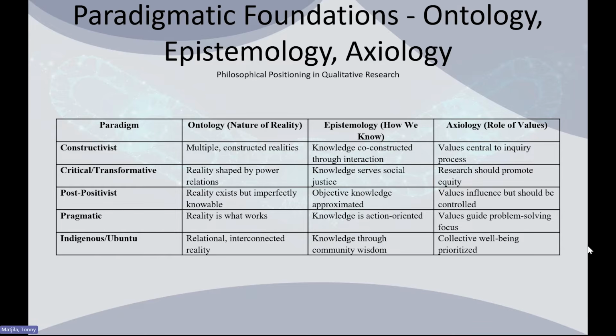We are seeing a lot of Ubuntu theories and paradigms that offer alternative philosophical foundations, emphasizing relational ontologies and communal epistemologies. So your methodology chapter needs to articulate this position very clearly. This is where data analysis starts from. It's not after you have collected data.